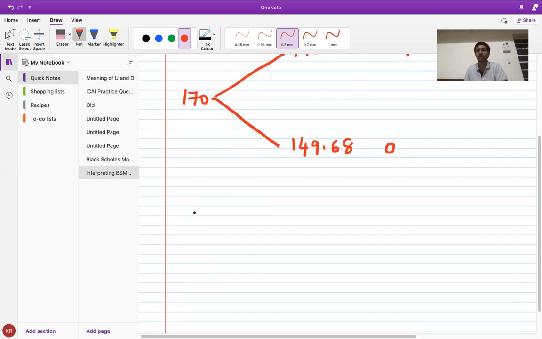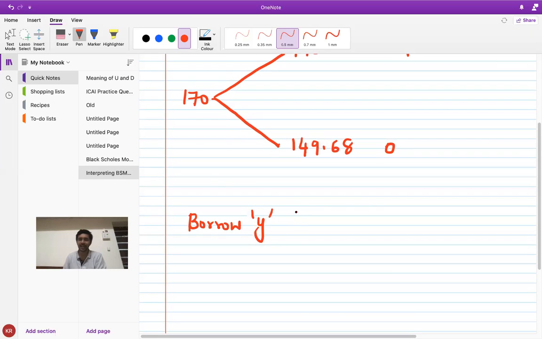Now what I'm doing is I will say let us borrow Y, and buy H shares. So there are two variables that I do not know. We are borrowing Y and buying H shares. Now this is an action that is going to be done at t equal to 0, that is today.